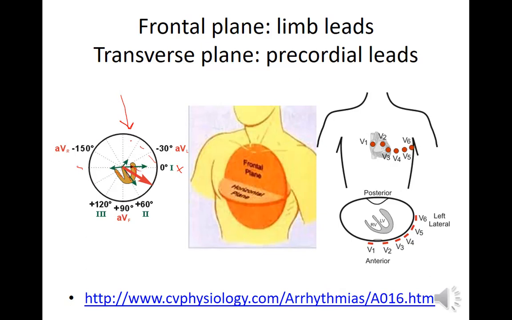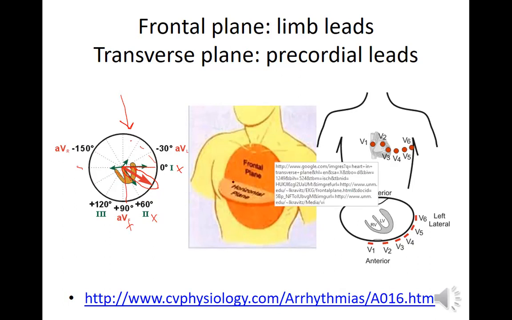And I mentioned mean QRS vector. And this big red line, I didn't say it before because I really wanted to introduce it in another picture, but that big red arrow in the middle there is your mean QRS vector in a normal heart. And it falls between lead 1 and lead AVF. Probably about 45 degrees. Lead 2 is about 60 degrees in the hexaxial diagram.